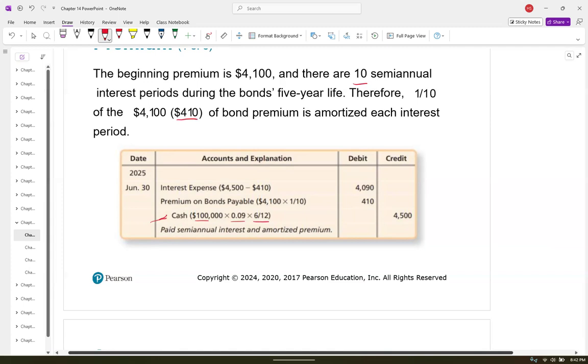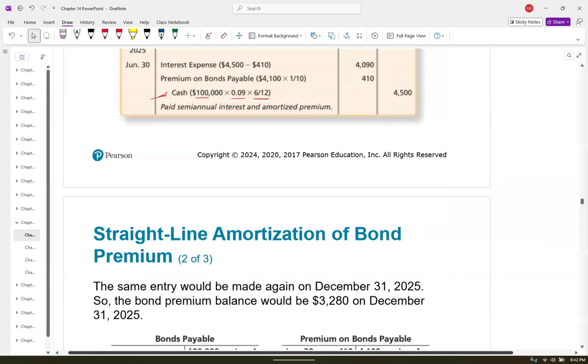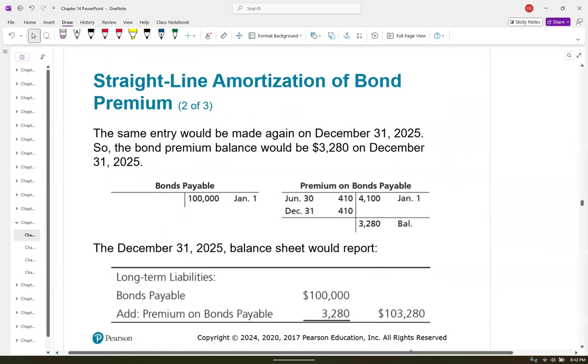Okay. So 410, I'm hoping they have the T account right here. So you see we have our bonds payable 100,000 and our premium on bonds payable is getting amortized. Two of those interest payments got amortized over the year, which brought that premium on bonds payable down. Remember I said discount is going toward zero, premium is also going toward zero.